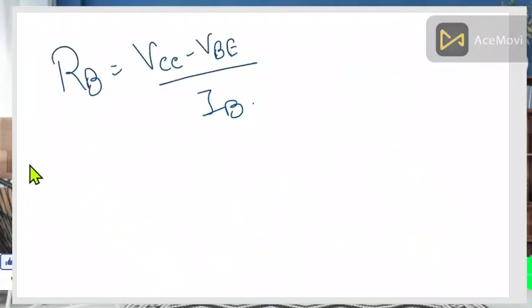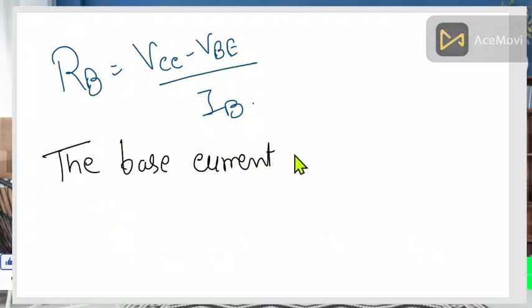Let me write the description. The base current is provided by, you have to take this thing into consideration when you are joining the circuit, when you are doing the experiment.